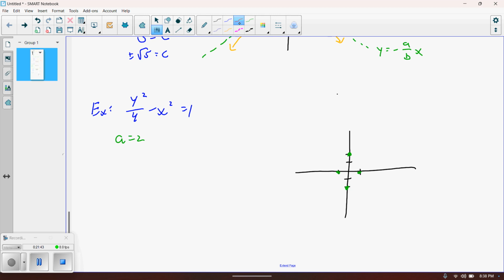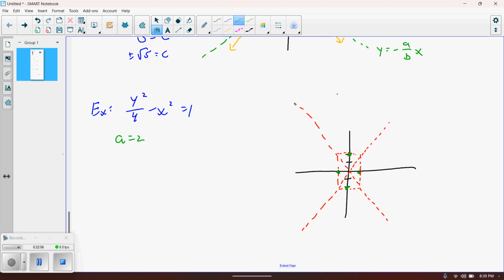So I'm going to sketch the box. And I know my asymptotes are going to go through the corners and right through the origin. So I'm going to have an asymptote that does that. I'm going to have another asymptote that does that.